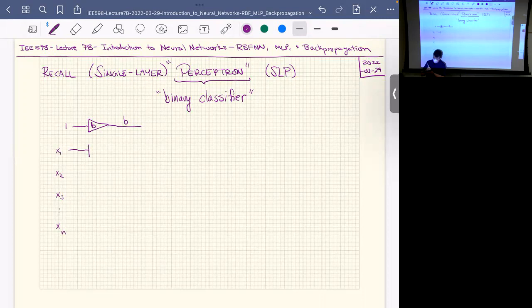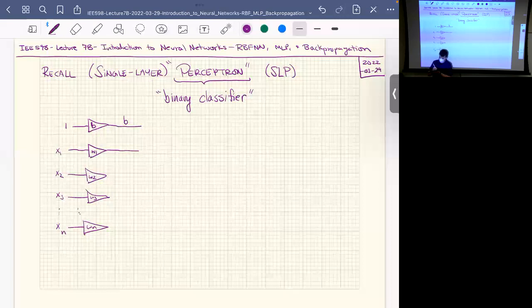And each one of them has a weight, w1, w2, w3, and so on, all the way down to wn.